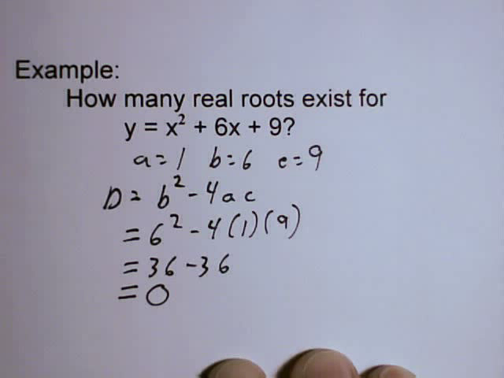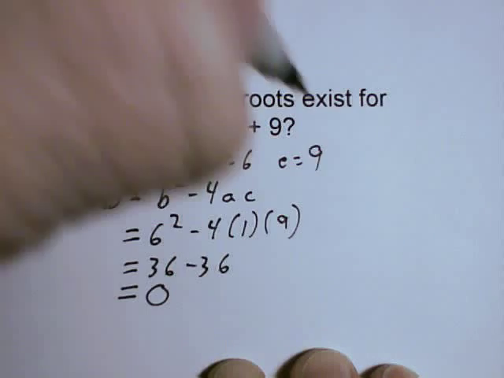So in this case, I've got a d value of 0. I've got a discriminant of 0. That means I've only got one real root.